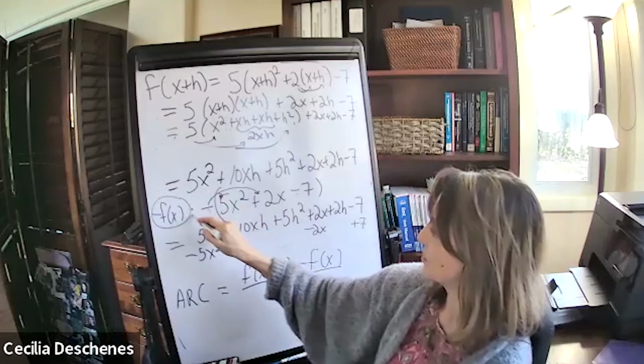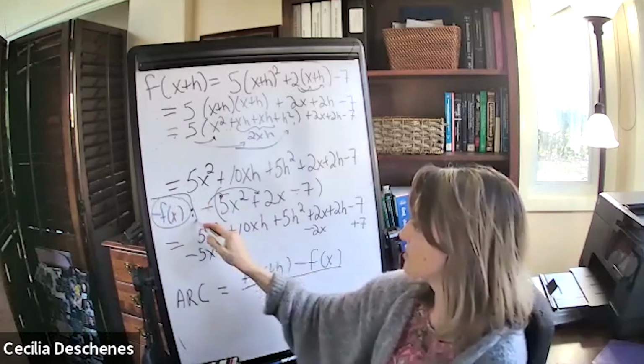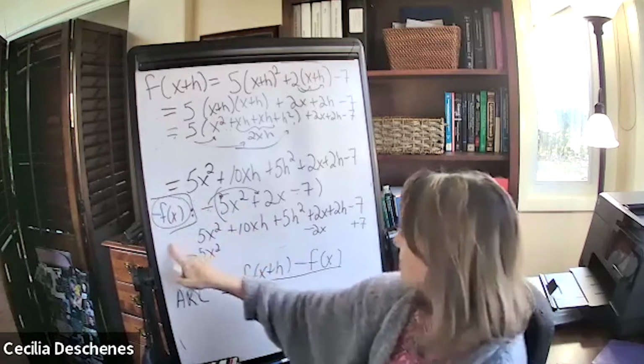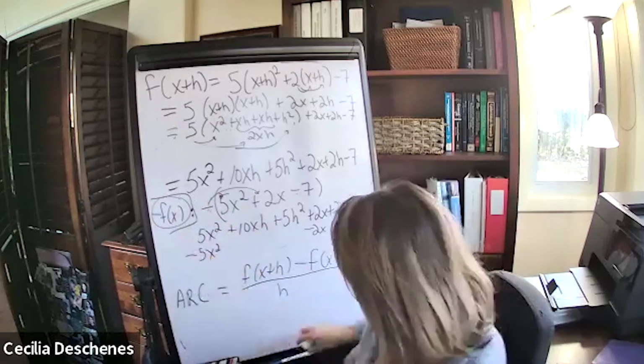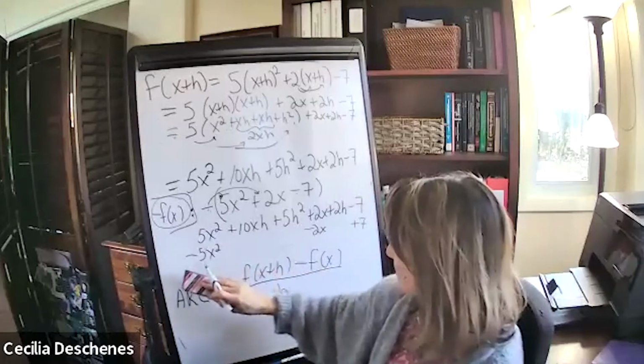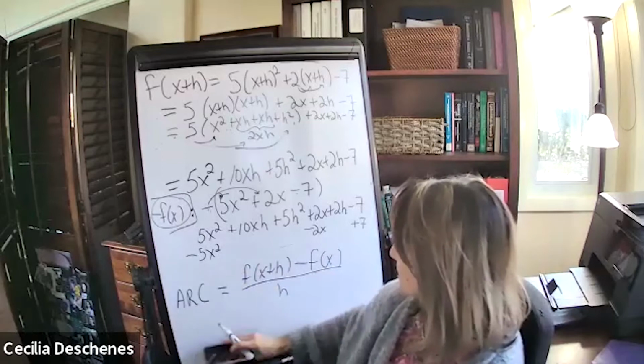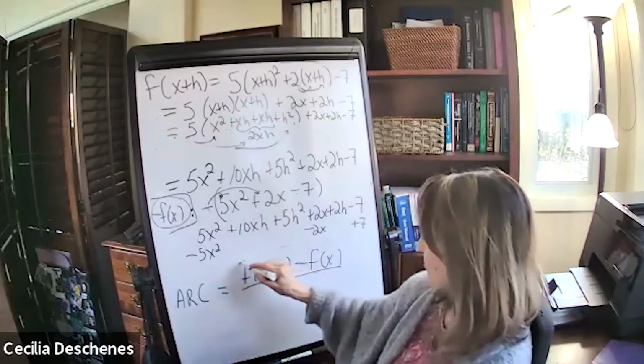So I should put maybe a colon here. Like this is what I'm doing. So now this part right here is, let's see if I can squeeze this in here. This is the numerator part of this.